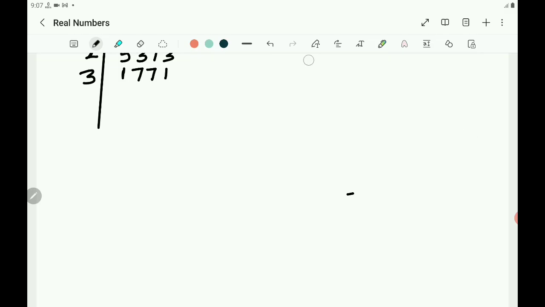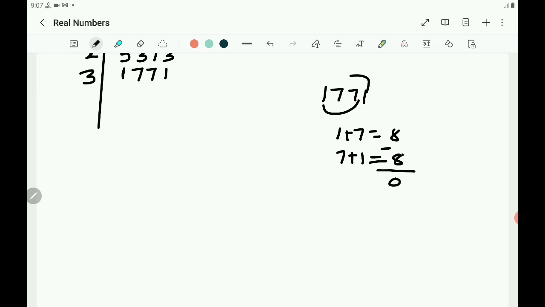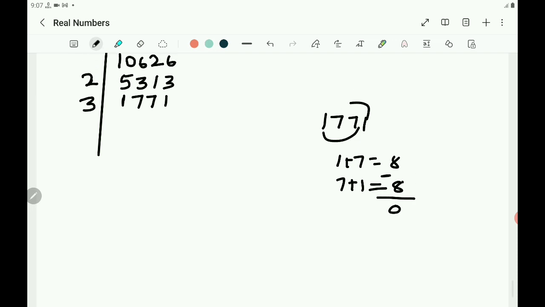Next, you try it by the next prime number 11. And for 11, you can take the difference of the sums of alternate digits. 1771. 1 plus 7, 8. Then 7 plus 1, 8. 8 minus 8, 0 you will get. So you can say that it is divisible by 11. Then you take 11. Then 17 you take. 11 ones are 11.